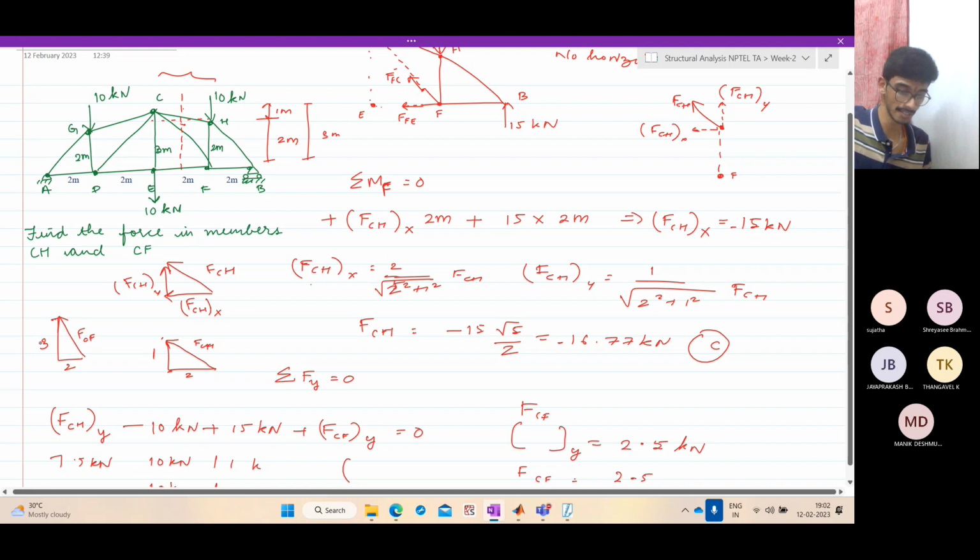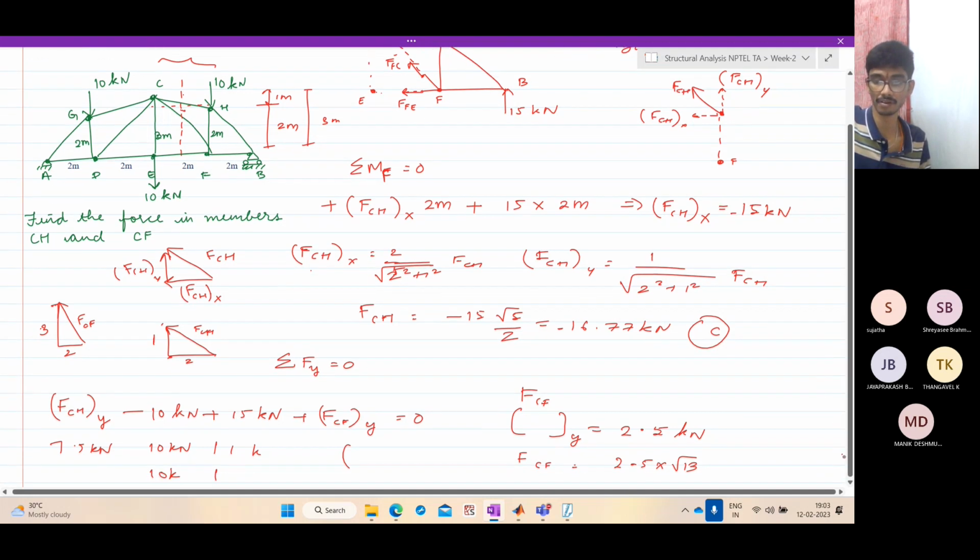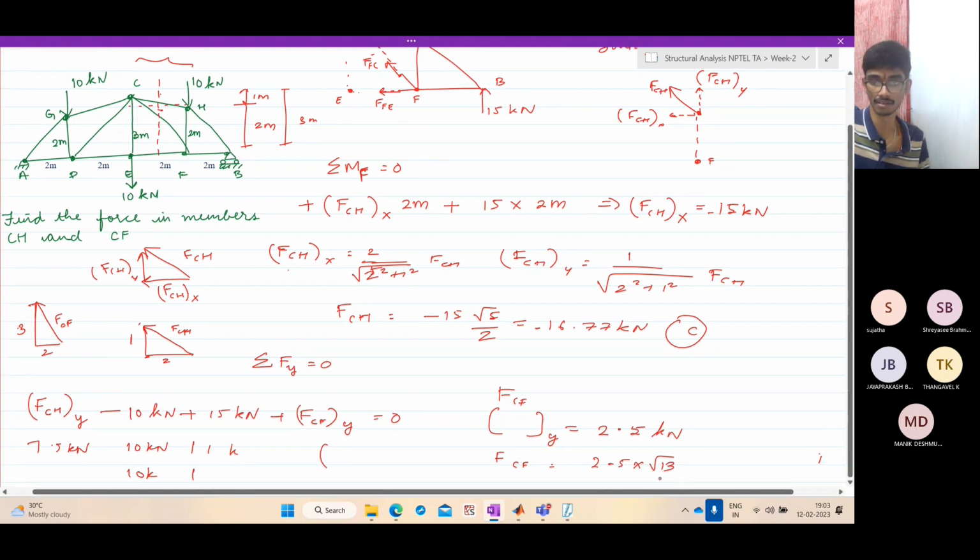So 3 square plus 2 square is 13, so FCF is equal to FCFY into root 13 by 3. You get this around 3.0 kilonewtons.